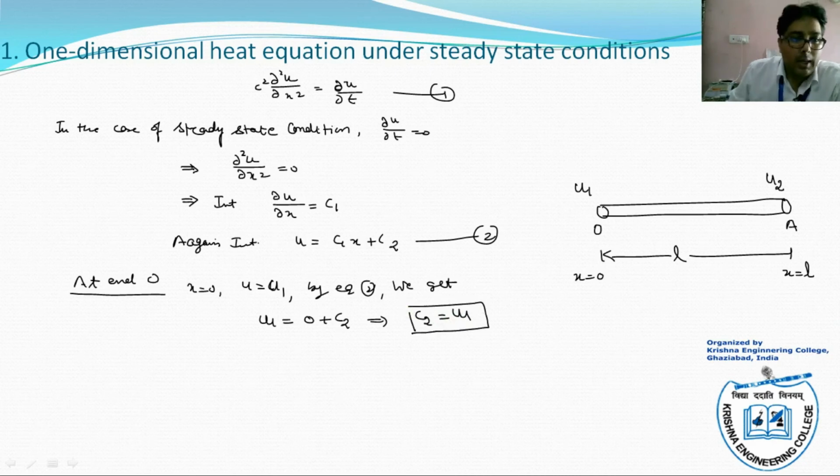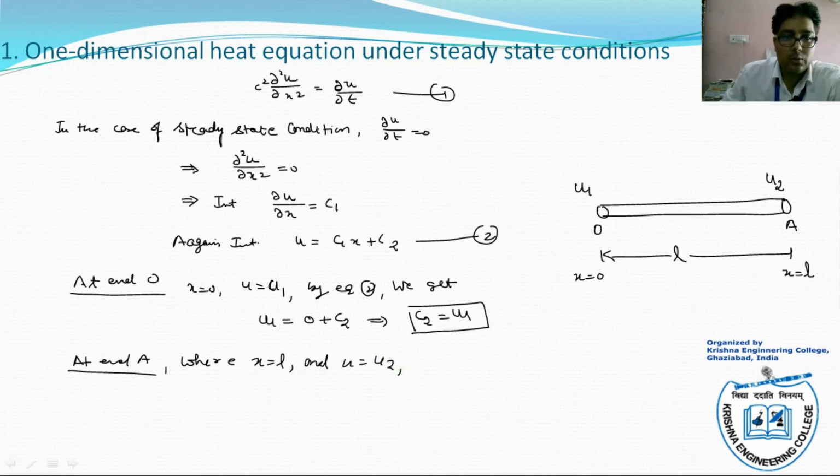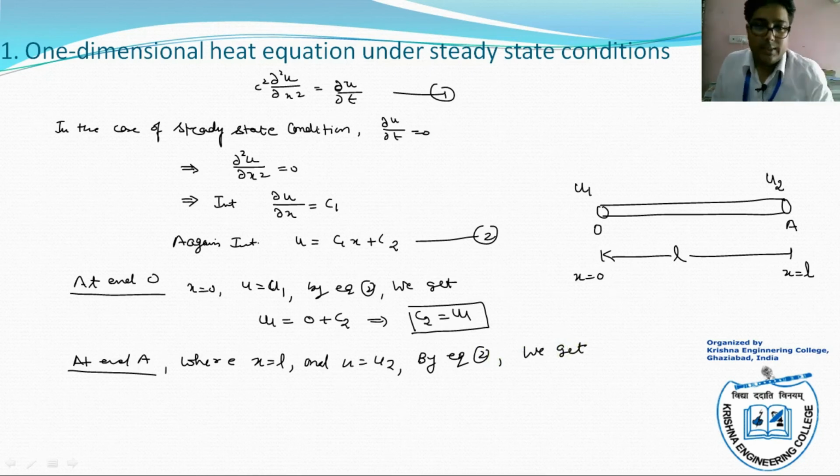Clear? At end A, when x is equal to L and u is equal to u2, by equation second we get u2 = c1 into L + c2, where c2 is u1.